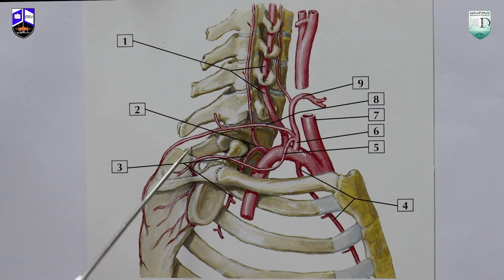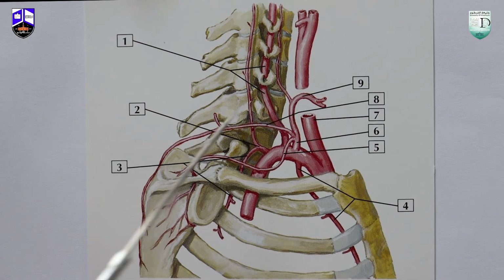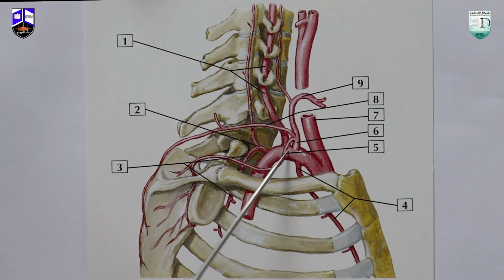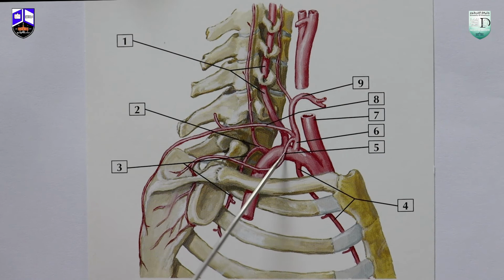This is known as the dorsal scapular artery. The third branch of this trunk is the suprascapular artery that passes also laterally within the posterior triangle to supply the muscles at the back of the scapula. Here is the suprascapular artery.